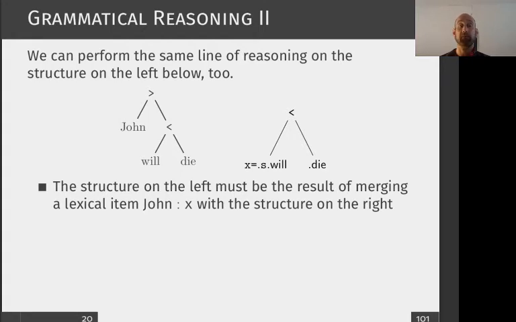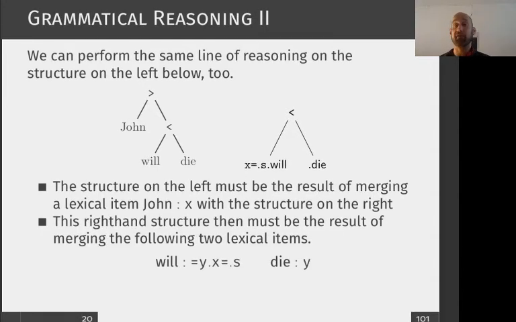Well, John has some feature X, so we decided previously that it would be D, but let's just keep on with X. John has some feature X. Will wants to combine with something like that on its left, so will has an X equals feature. Great. And so we put that will die thing together with John.